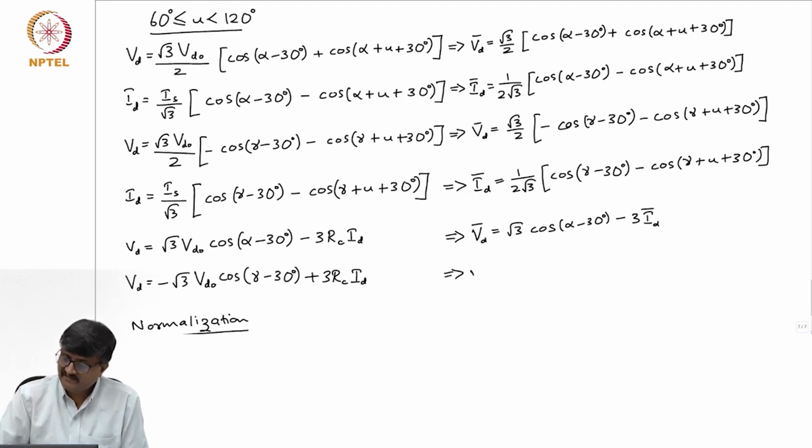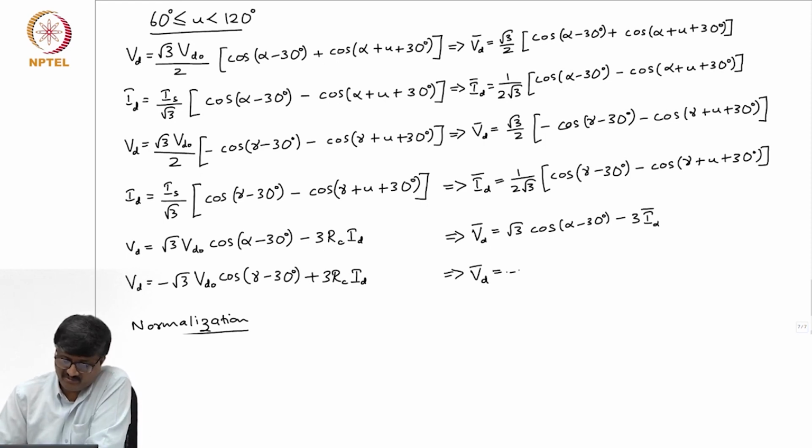And the last equation is obtained by dividing both sides by VDO. I get VD bar equal to minus root 3 cos (gamma minus 30 degrees) plus 3 ID bar.